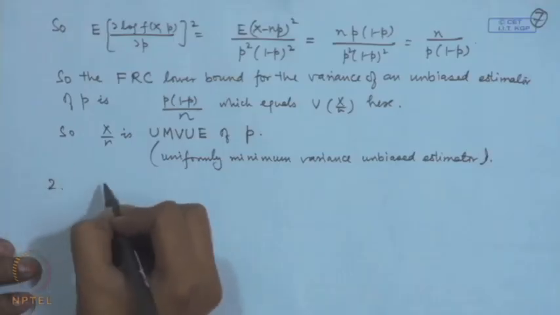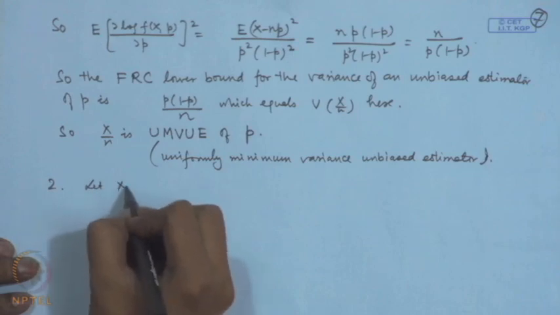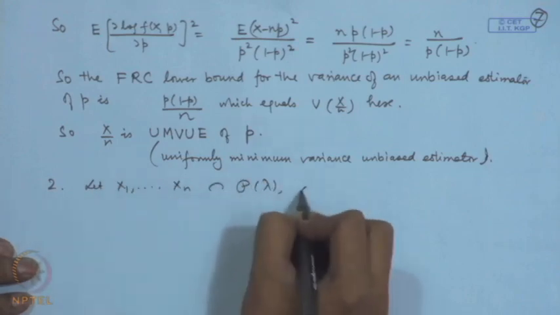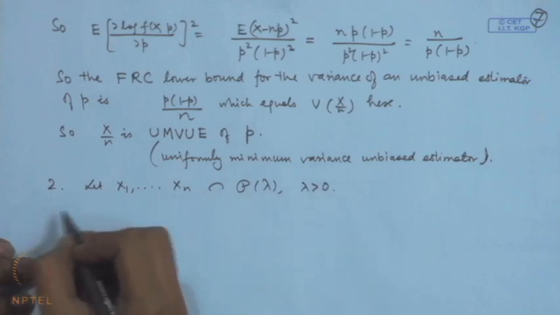Now, let us take, say, a Poisson example. So, suppose we have a random sample from a Poisson distribution with the parameter lambda. So, naturally we want to estimate lambda.